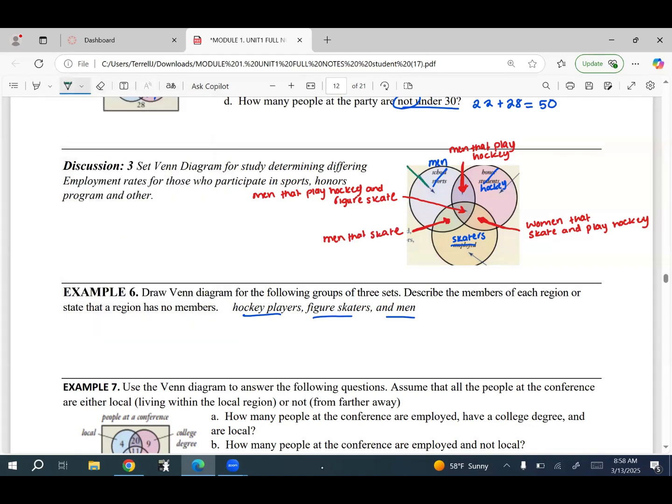Let's look at this piece right here. This piece would just be men. So I would say, this is men that don't play hockey or skate. Strictly just men.